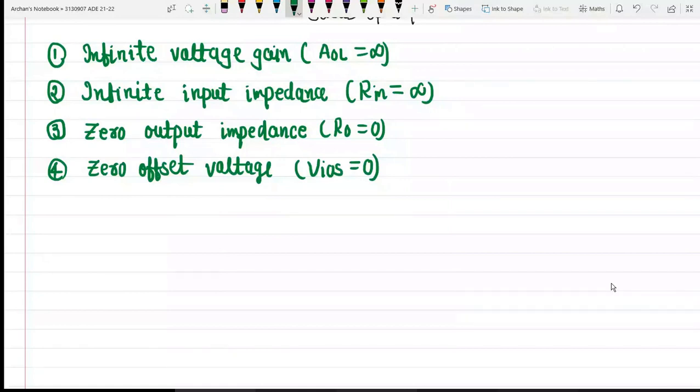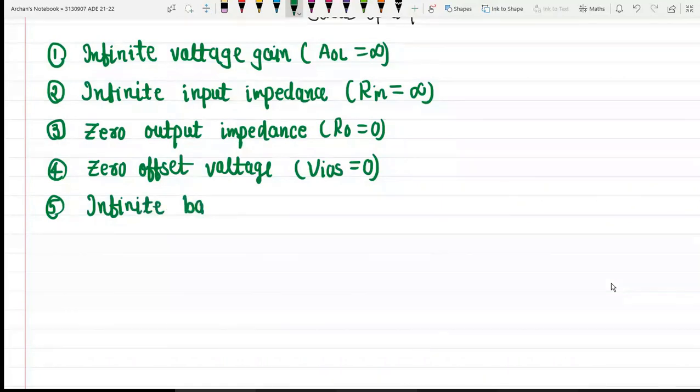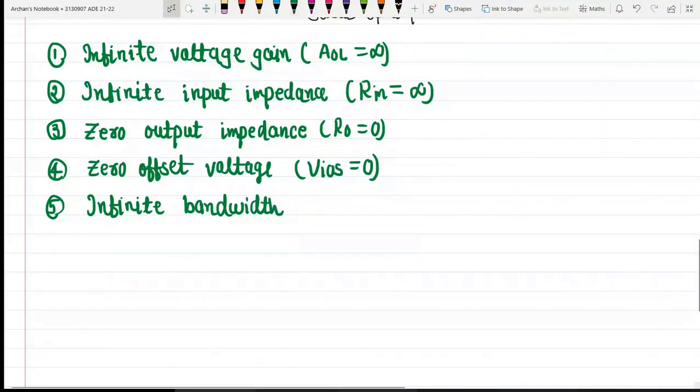Okay. Then the fifth characteristic of an ideal op-amp is infinite bandwidth. Now bandwidth, we know. What do you mean by bandwidth? It is the range of frequency over which the amplifier performance is satisfactory.